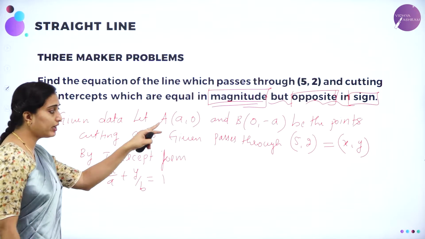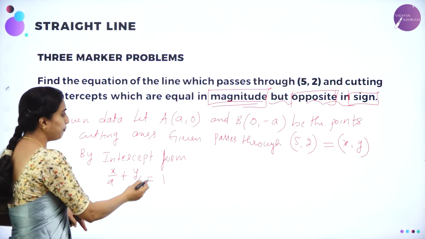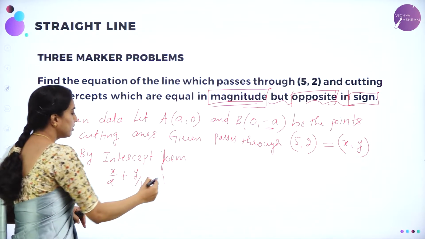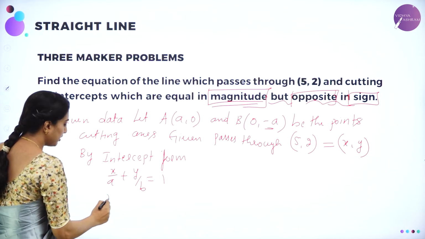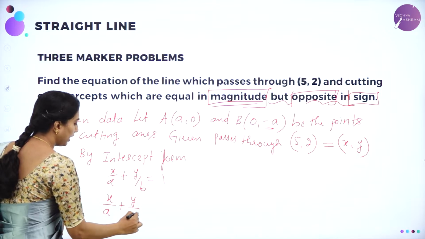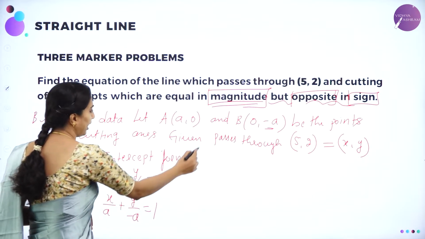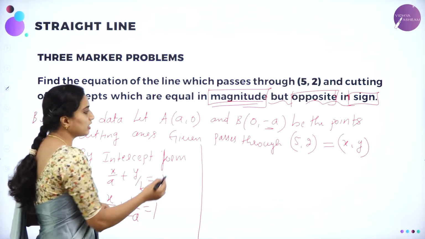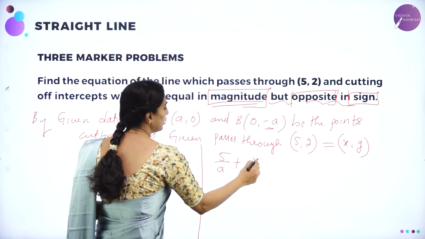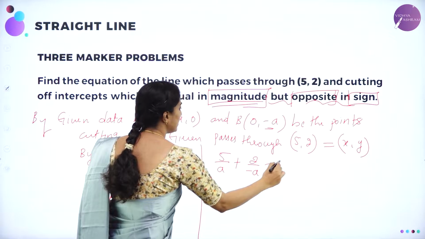Now x comma y they have given as 5 comma 2, and B is nothing but minus A. Therefore, substituting, x divided by A plus y divided by minus A, and substituting the x, y values, 5 divided by A plus 2 divided by minus A, which is equal to 1.